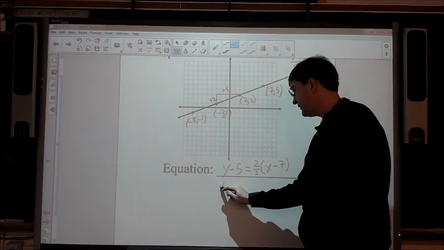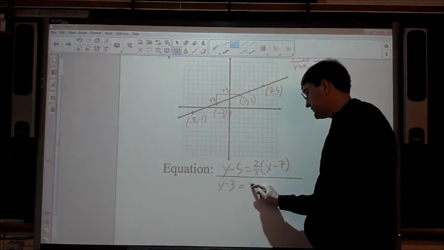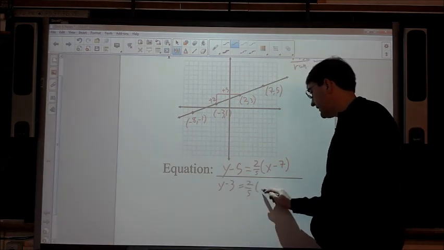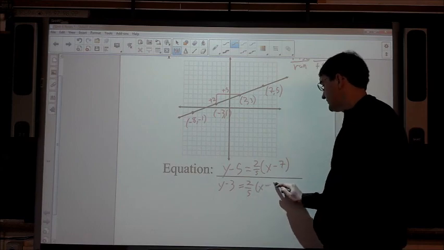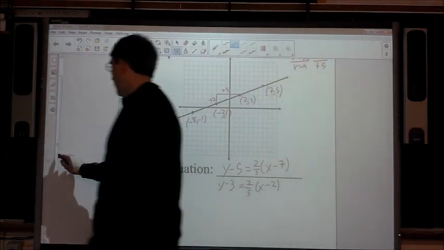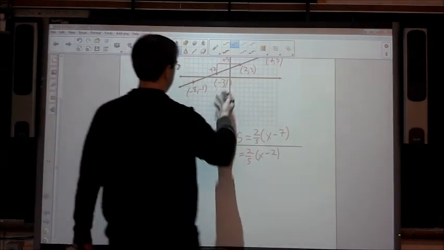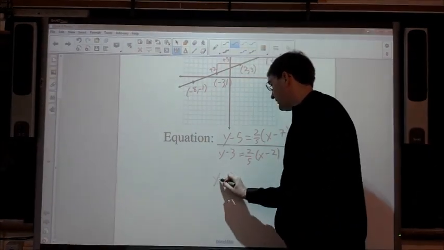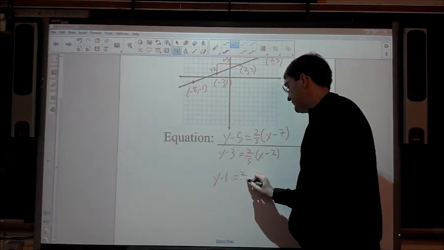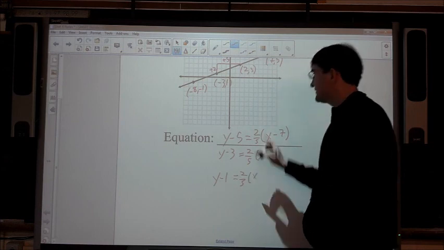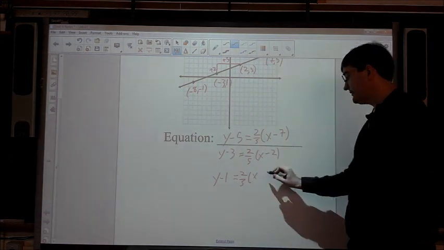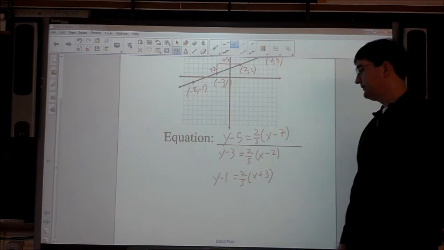We could also say y minus 3 is equal to 2/5 times x minus 2. Or take that point: y minus 1 equals 2/5 times x minus negative 3, so plus 3.